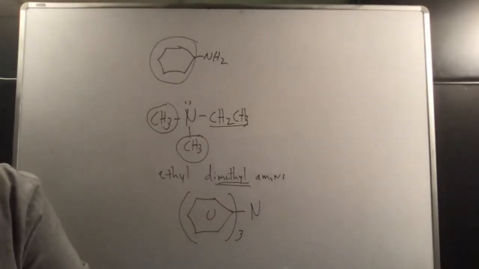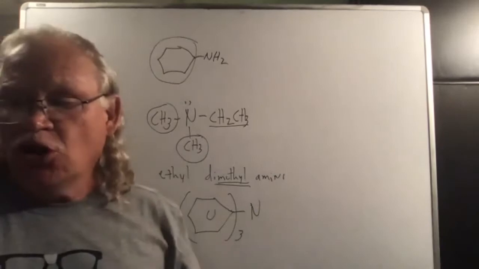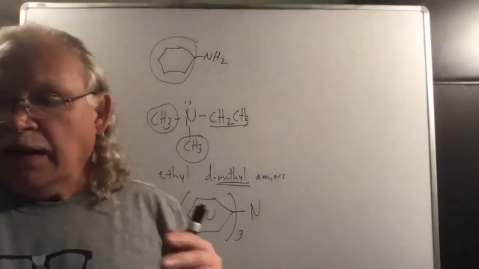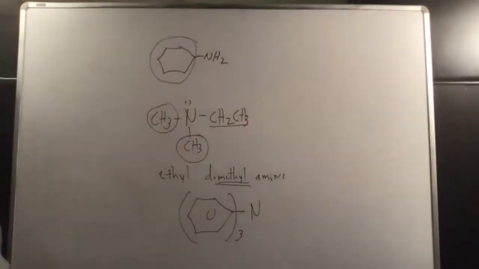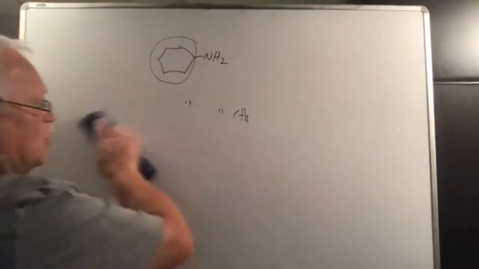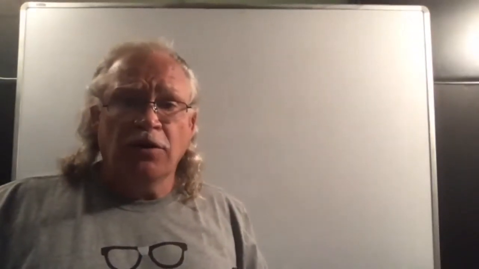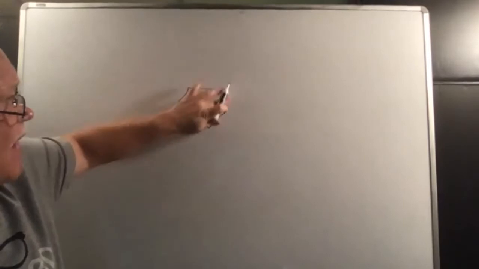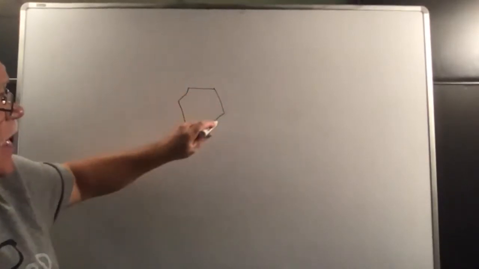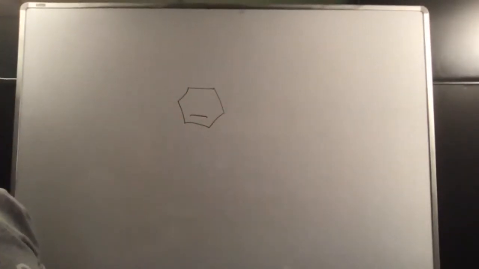Now, the amino group, the NH2 group, is called the amino group whenever it's a substituent. And we've seen that before. Whenever we were dealing with aromatic compounds, we talked about amino as a substituent. So if it's not the highest priority group in the compound, you name it as a substituent. So for example, if I were to just write this compound here, that's cyclohexene.